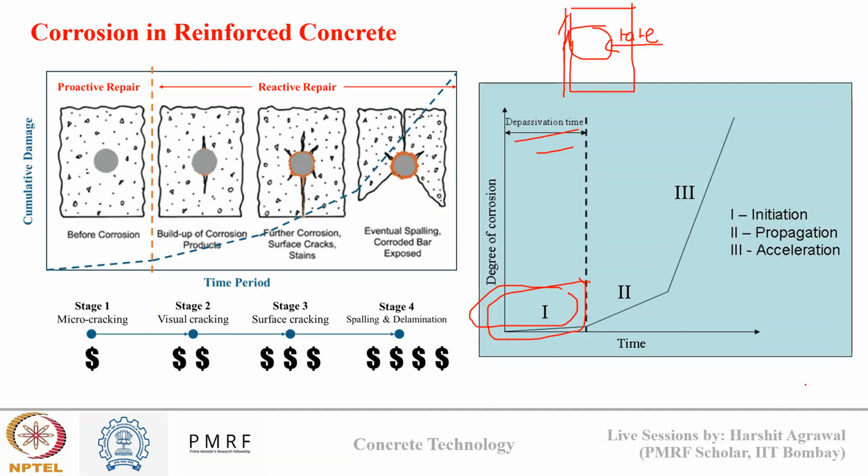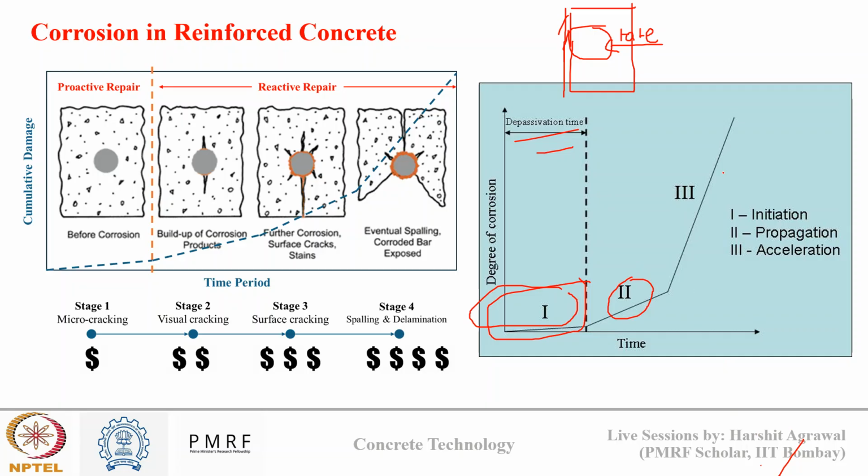Now, once my passive layer has degraded, what will happen? I will reach stage 2 where corrosion has started, and this stage is known as the propagation period, where the corrosion starts to damage the concrete. Once corrosion has started, rust formation will start, so cracking in concrete will start.